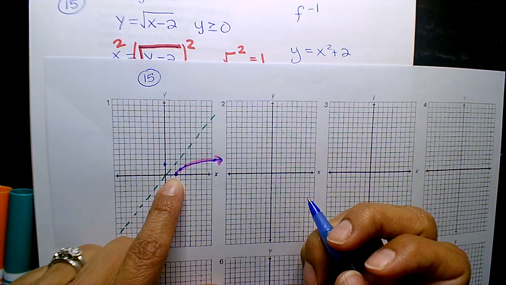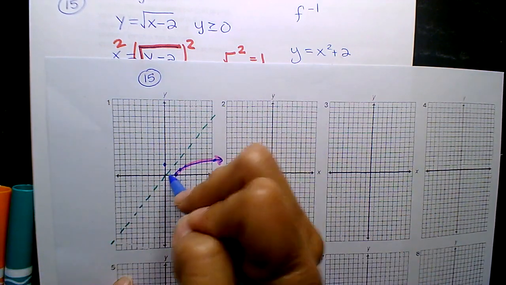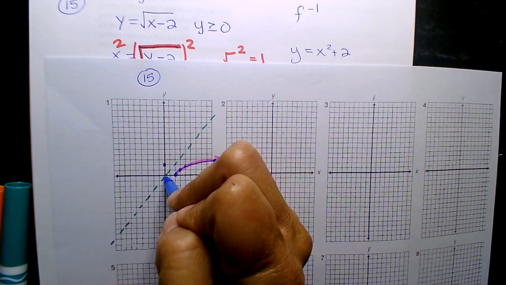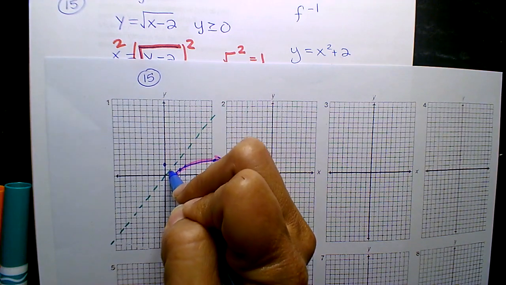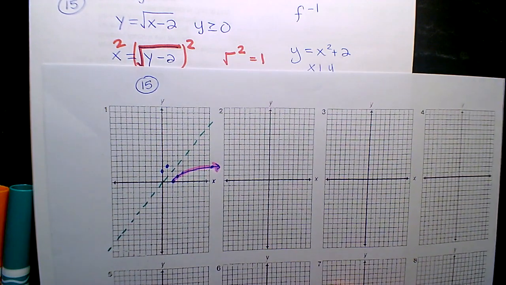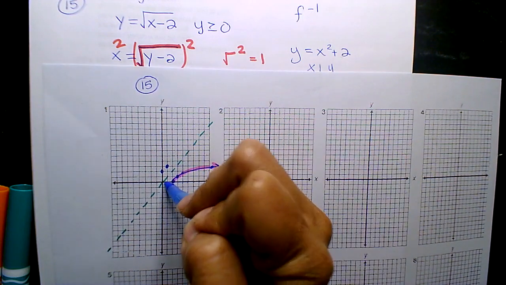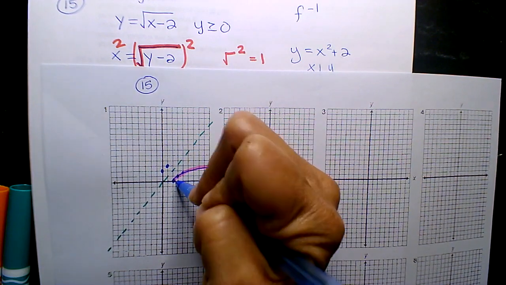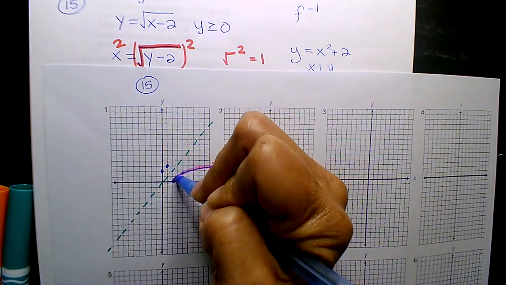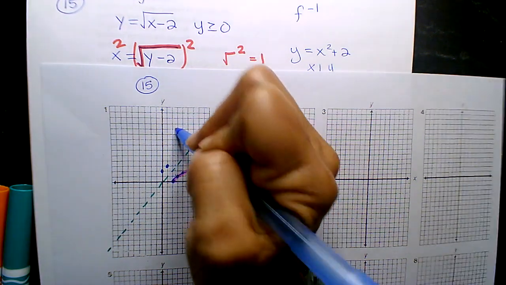This was 2, 0, so 0, 2. This was 3, 1, so 1, 3. This was 10, 2.8, so then you know 2.8, 10.